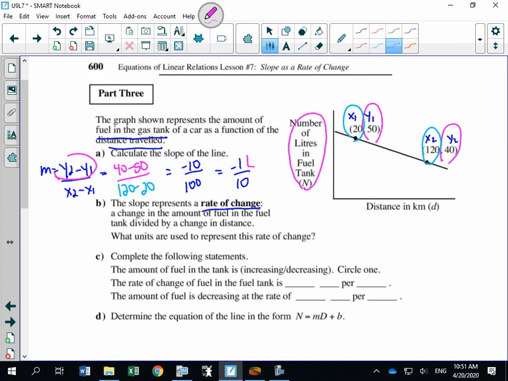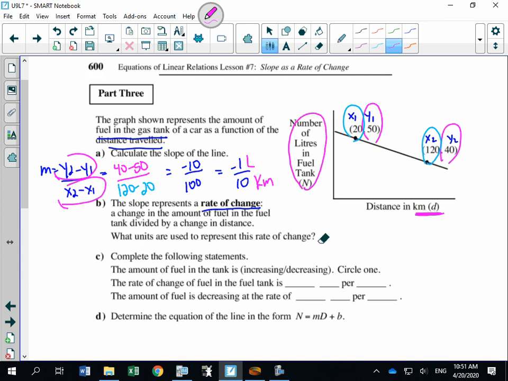And then my x-axis was my distance traveled in kilometers. So how I would read this as a rate of change, -1 liter, what that means is my fuel is going down 1 liter every 10 kilometers driven, right? Your tank is decreasing 1 liter every 10 kilometers driven.